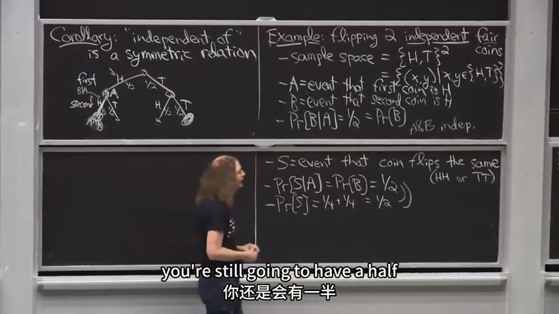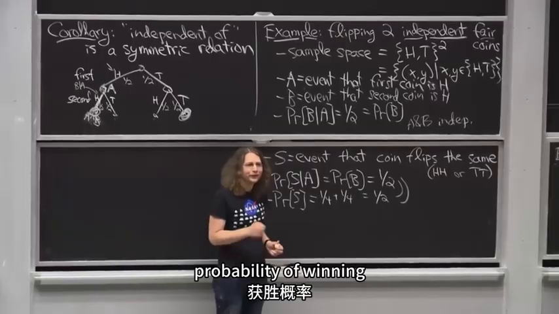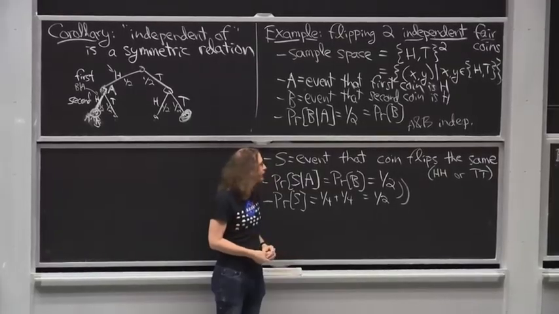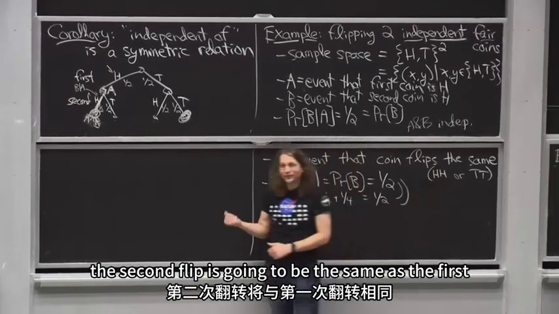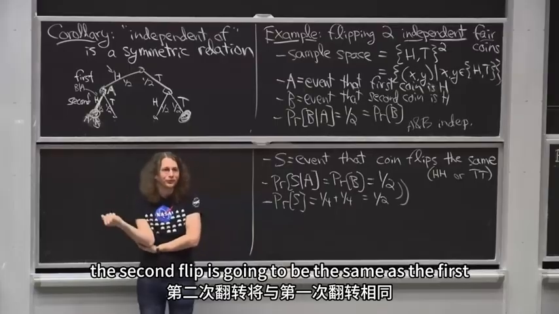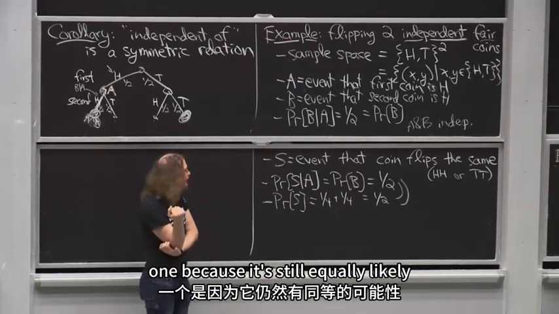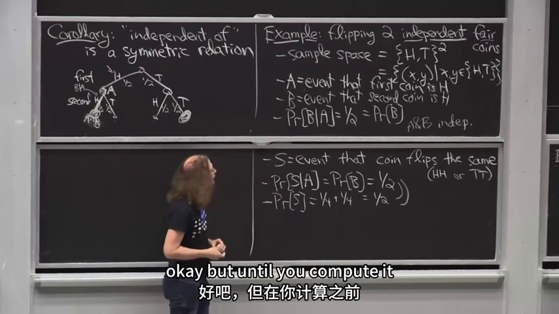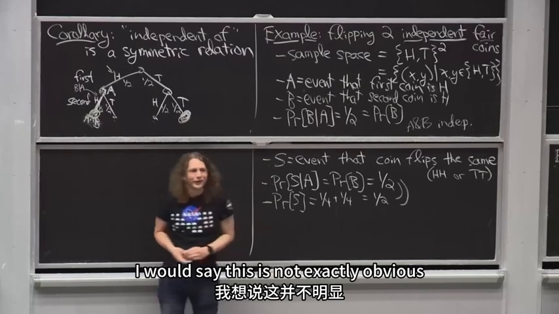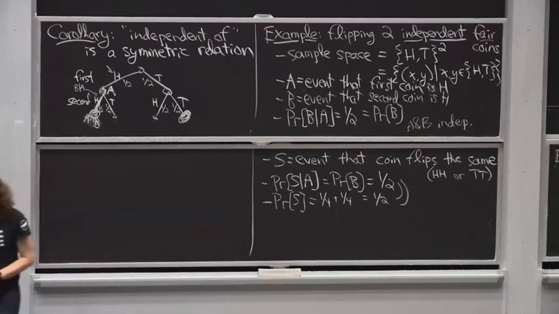You're still going to have a half probability of winning when the second flip happens, right? Doing the first flip does not tell you anything about whether the second flip is going to be the same as the first one, because it's still equally likely to be equal or not equal. That's what this is formalizing. Okay? But until you compute it, I would say this is not exactly obvious.